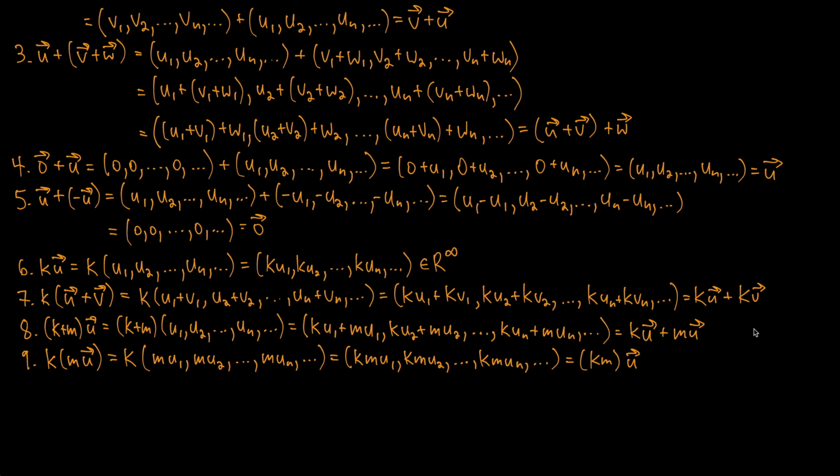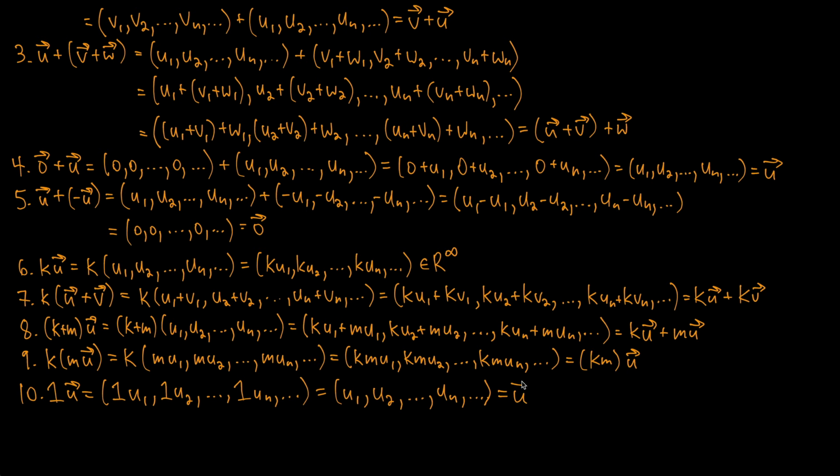Okay, last one is to check that 1 times u is still u, but even though it's obvious, we'll still check it. We have 1 times u1, 1 times u2, 1 times un. When you take 1 times anything, you just get itself. So u1, u2 through un is what we get. And that's just u. Okay, perfect.